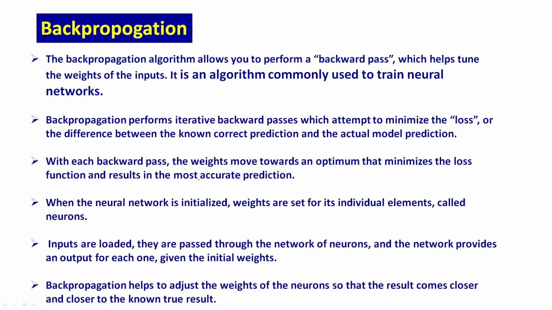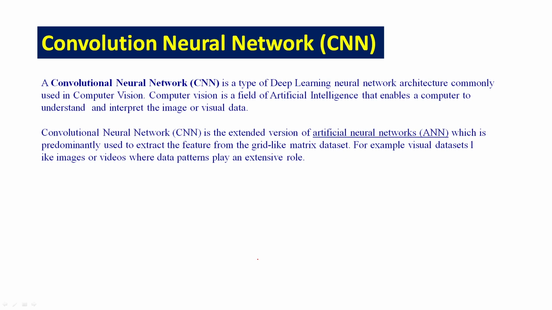So, once these are loaded, they pass through a network of neurons, and the network provides an output for each one given the initial weights, and it is the backpropagation, the backward pass, that helps you adjust the weights of the neurons, so the results become closer to the actual values. That is the reason we use backpropagation. Backpropagation is used for all kinds of DNN or ANN networks.